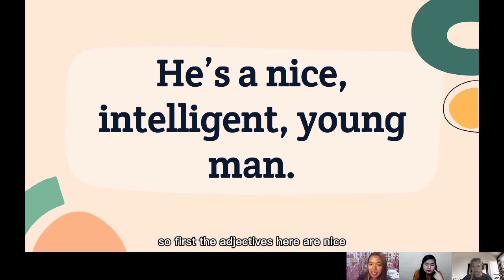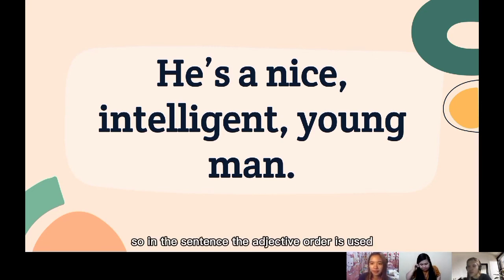So first, the adjectives here are nice, intelligent, and young. So nice is an opinion adjective because not everyone will say that he's nice. And intelligent is also an opinion adjective because like what I said a while ago. And then young is a fact adjective because it pertains to someone's age.